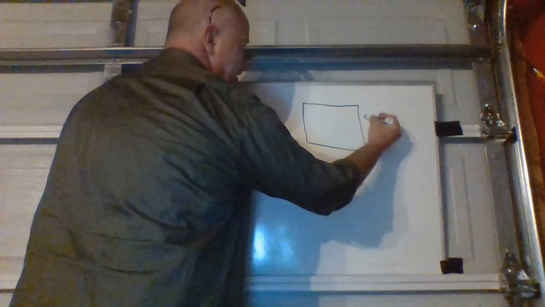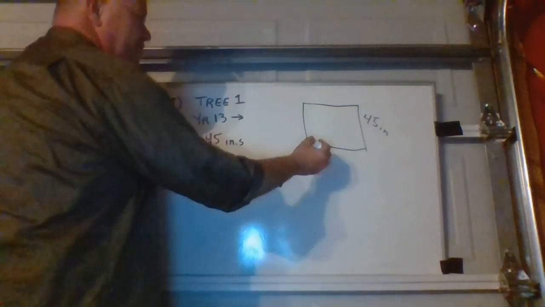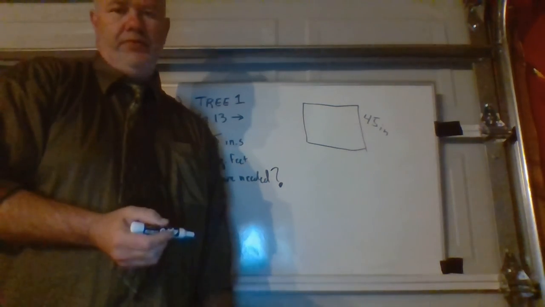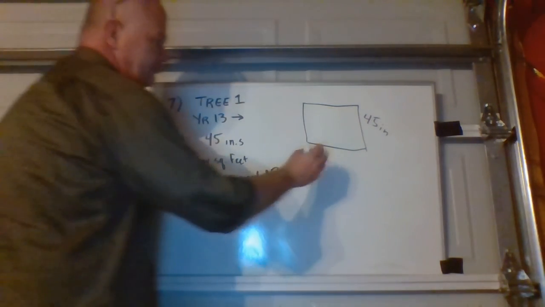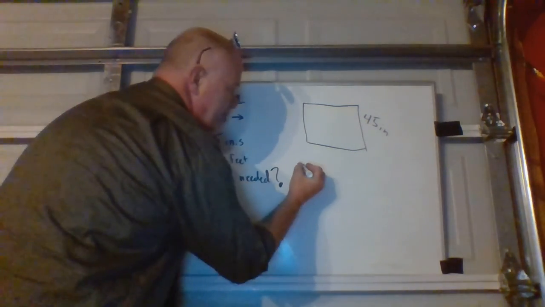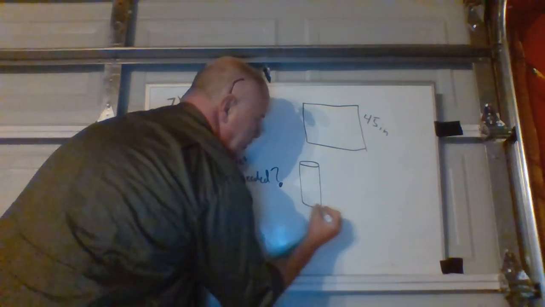They tell us the height is 45 inches. We need to find the width of this particular rectangle. The way we're going to do that is, as you can imagine, if we take this rectangle and wrap it around the tree, we create a cylinder.